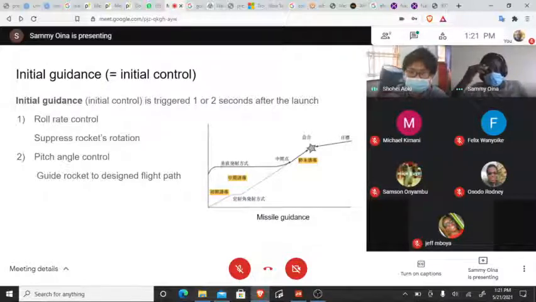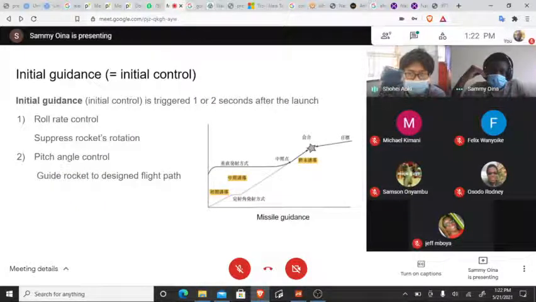This is a roll movement, which is going to cause a failure at some time, so we try to suppress this rolling movement. If it happens, it is a bit difficult to control the pitch and yaw, because we cannot distinguish the pitch and yaw. So it's better to suppress the roll movement.